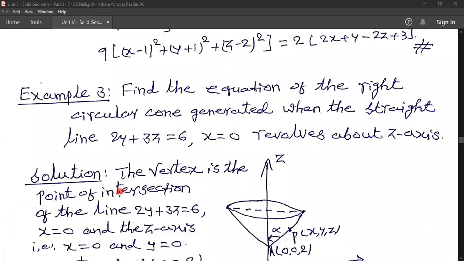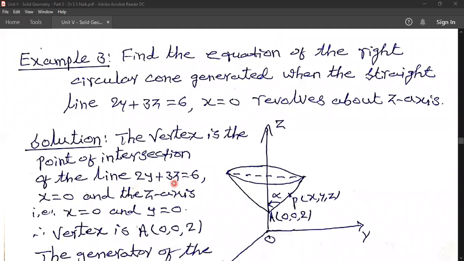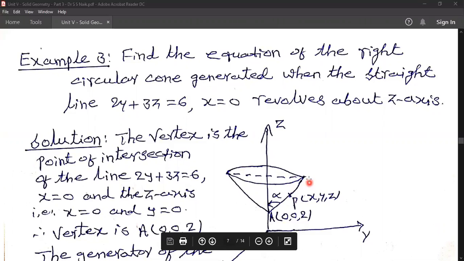The vertex is the point of intersection of the line 2y + 3z = 6 with the z axis. So this becomes the vertex at the point (0, 0, 2), and P(x, y, z) is any point on the right circular cone.